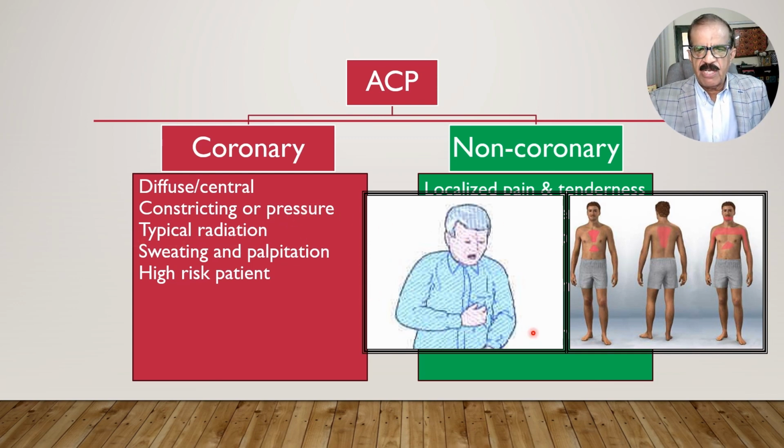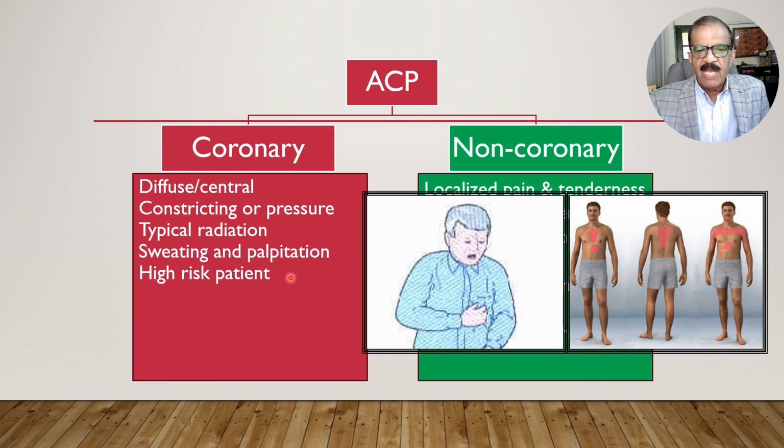And if there is typical radiation, pain of acute coronary syndrome could radiate to the epigastrium, it could radiate to the back, it could radiate to the shoulders and either arm, or very specifically, it could radiate to the jaw. So if that is the case, and especially if there is sweating and palpitation, there are very high chances that this may be coronary.